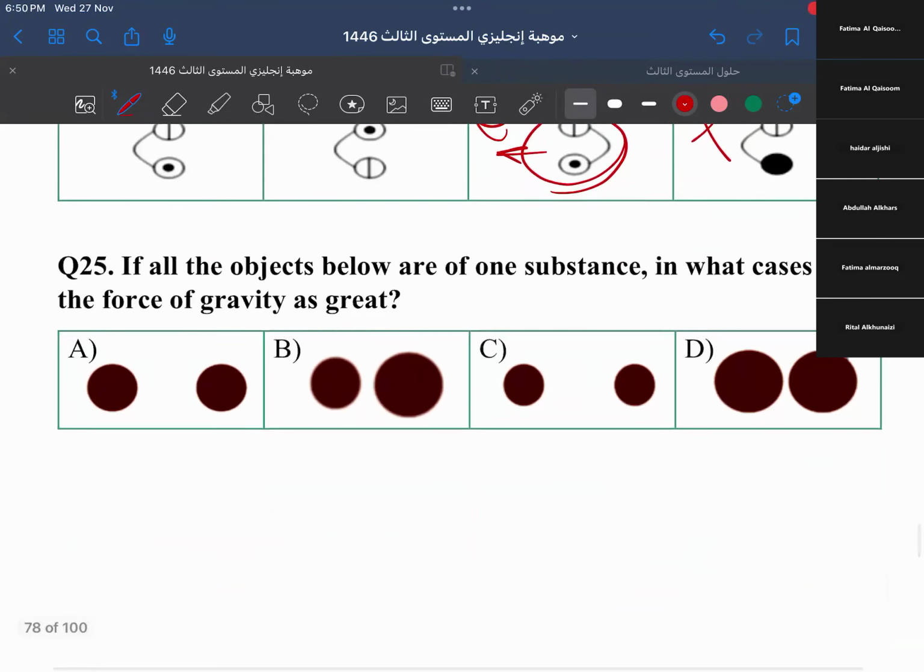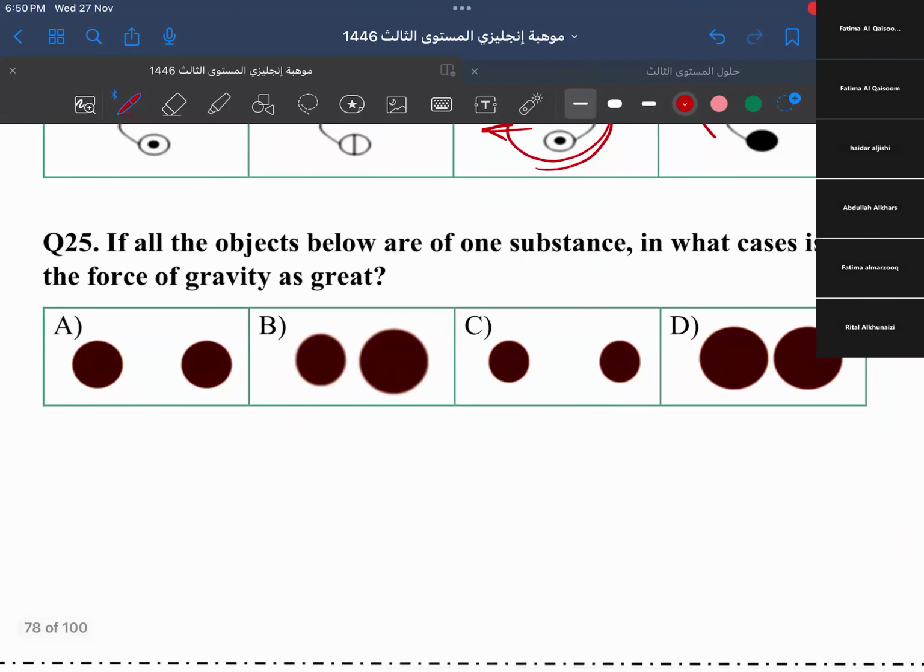Okay, now for the last question of the first test. If all the objects below are of one substance, in what case is the force of gravity greatest? So we talked about this yesterday. It's about the force of attraction between any two objects. Do you remember?